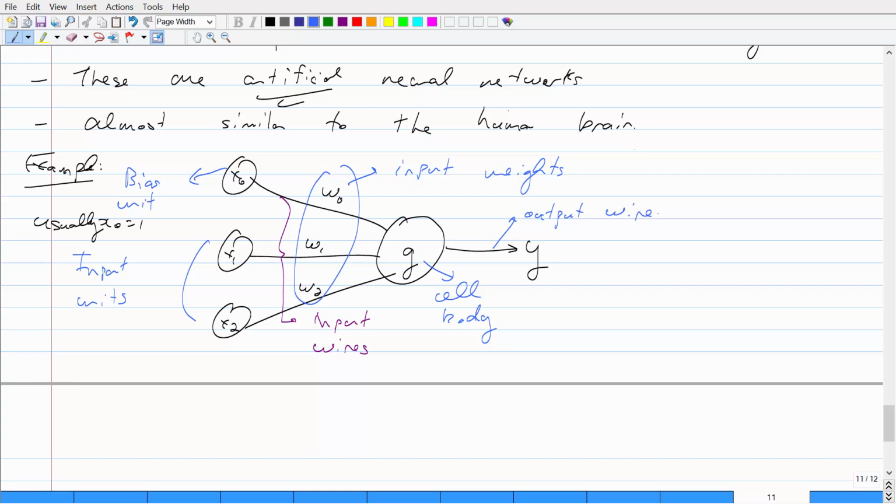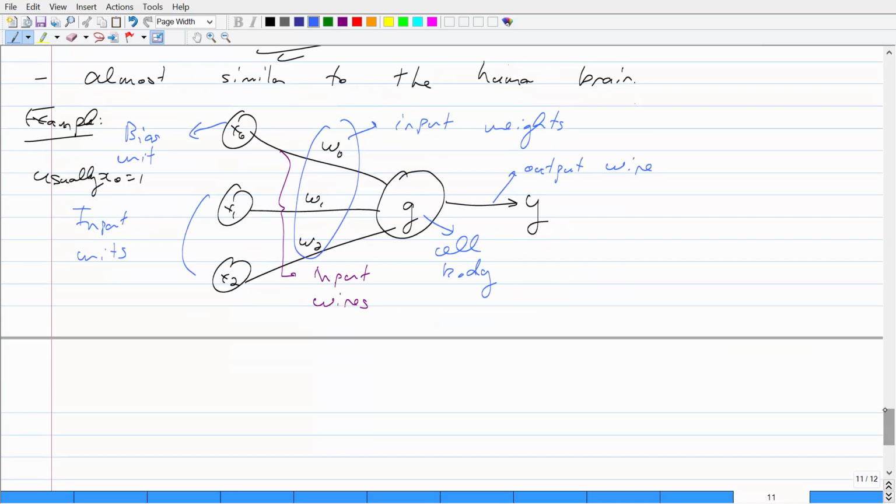So this is very analogous to what you see in terms of a neuron in the human brain. So you've got some input units, you've got some input wires. They all get collected into the cell body, they do some sort of computation, and then the output gets forwarded to other neurons in the network. Okay, so there are 3 inputs. This is a very simple model. Obviously you can go forward and you can have as many inputs as you want and as many outputs as you want. So this is just a very basic model, but we can certainly generalize.